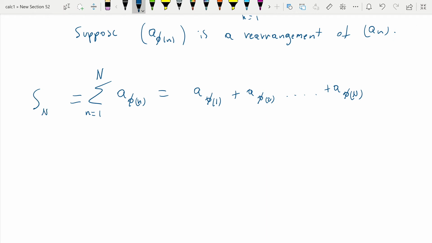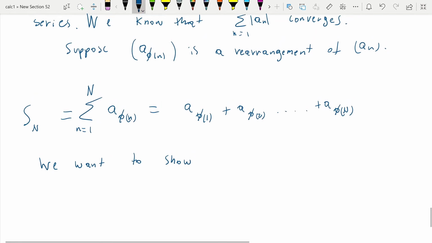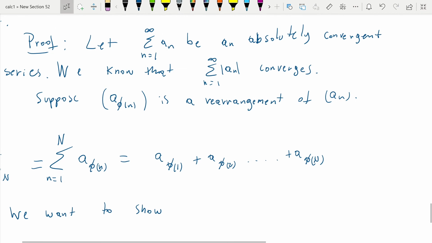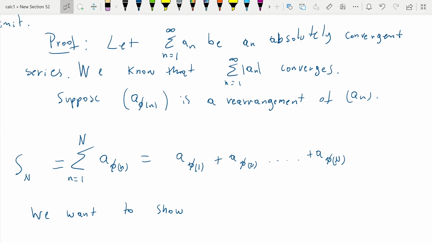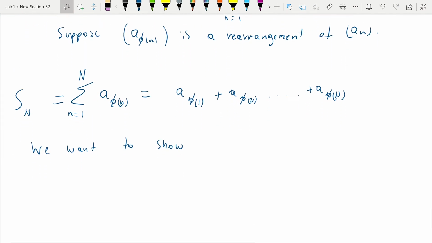So what we want to show is that Sn converges to the limit, to the sum of the an's from n equals 1 to infinity. We want to show, and that means we want to show that the Sn's are a Cauchy sequence.